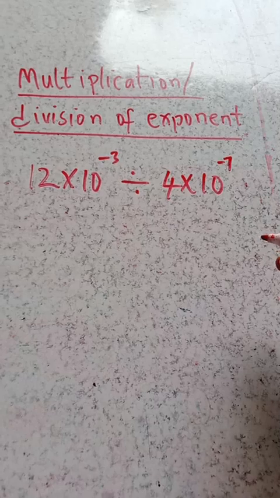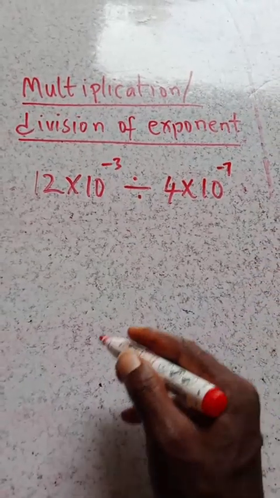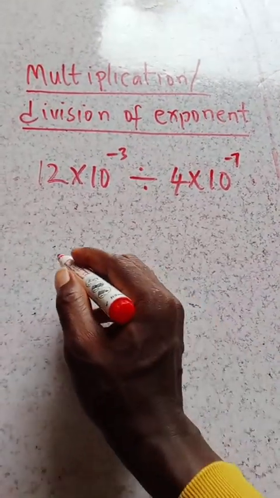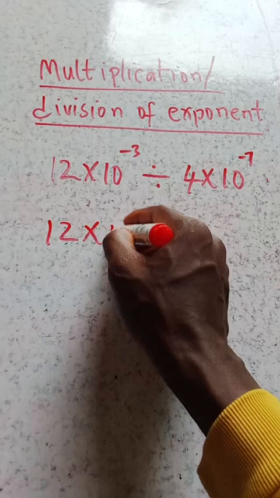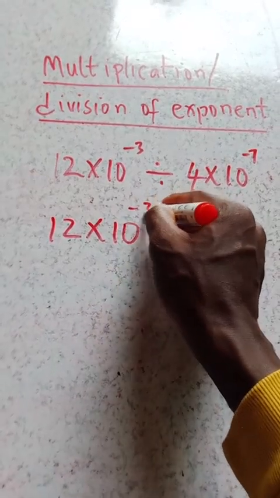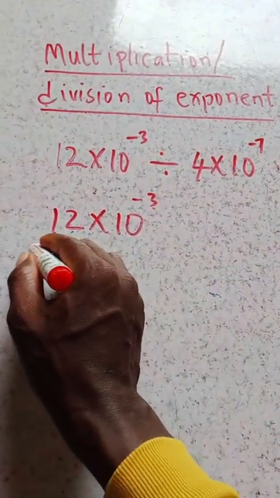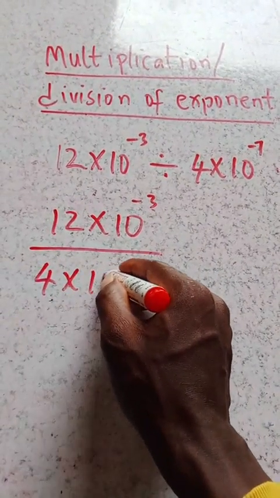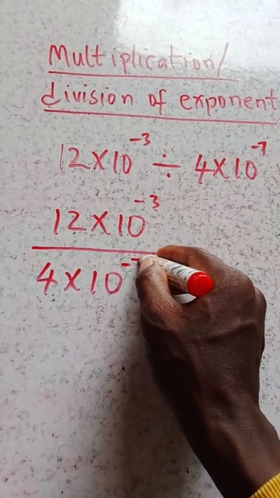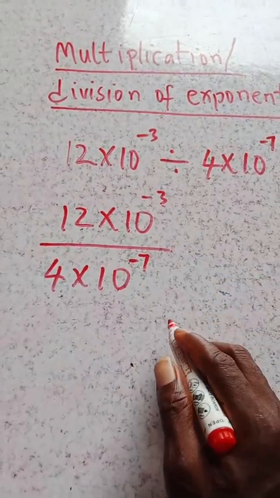All right, so what do we do quickly? We express it like this: 12 times 10 to the power minus 3, then dividing 4 times 10 to the power of minus 7. That is the expression.